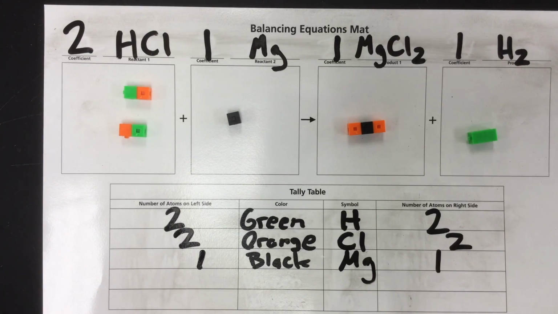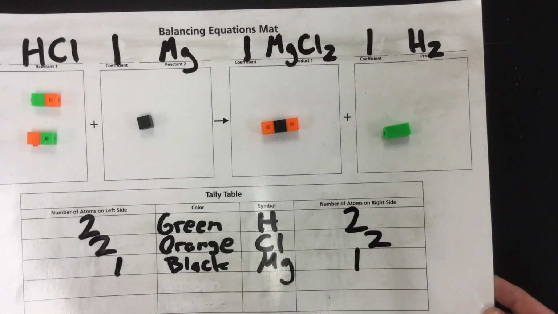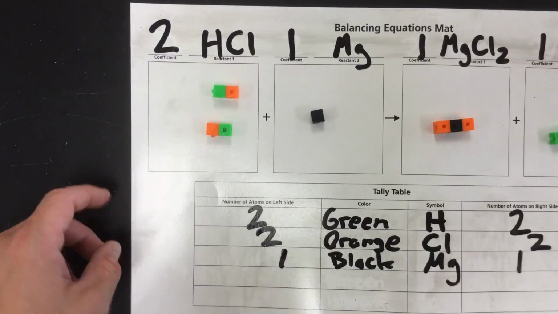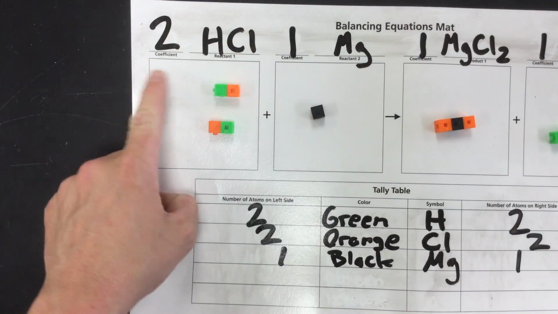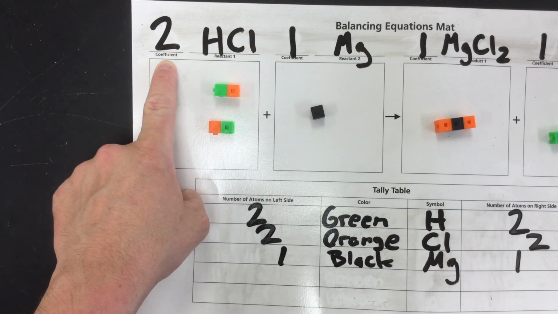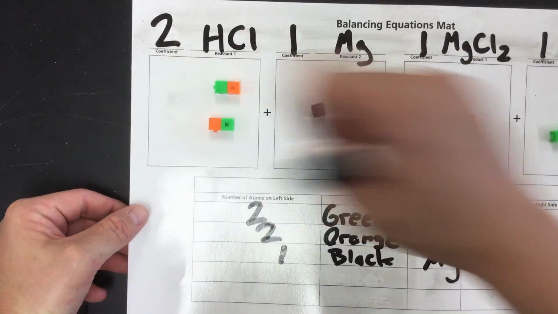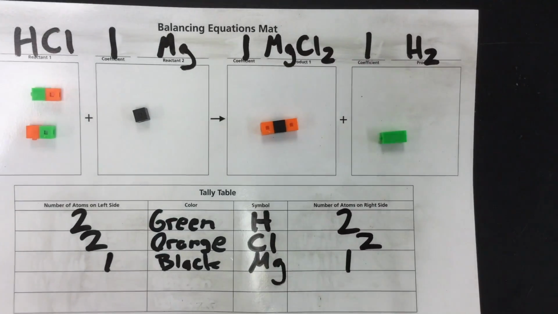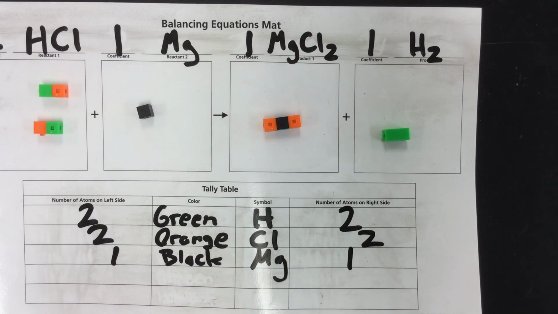So that's how you balance an equation. You start with your reactants and your products, and you add particles as necessary by changing what are called the coefficients. When you balance an equation, you may change the coefficients, you may never change subscripts, because the subscript is part of the identity of the substance.